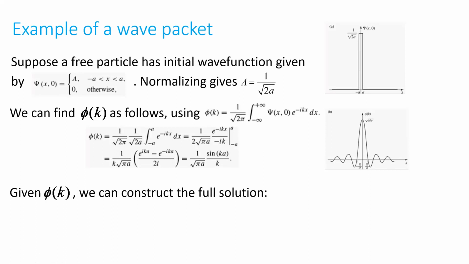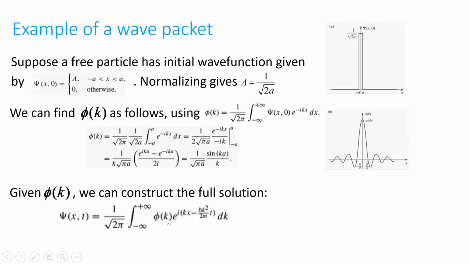Okay, so given this phi of k, we can construct the full solution, as we talked about in the procedure, which we talked about more abstractly on the previous slide. So the full solution, psi of x and t, is 1 over the square root of 2 pi, the integral of phi of k times this stationary state evolving in time.